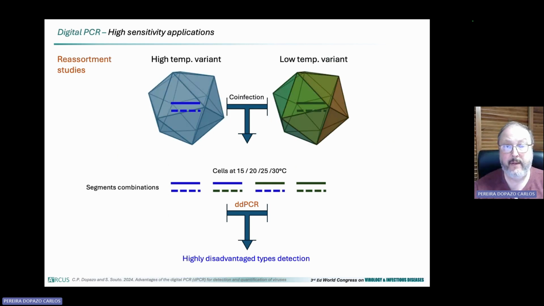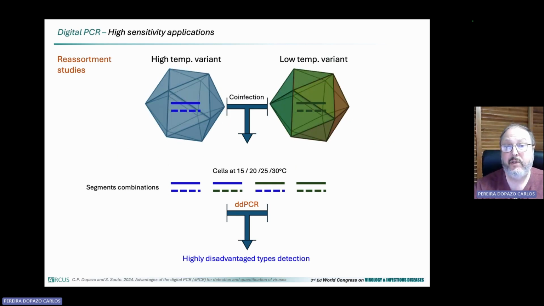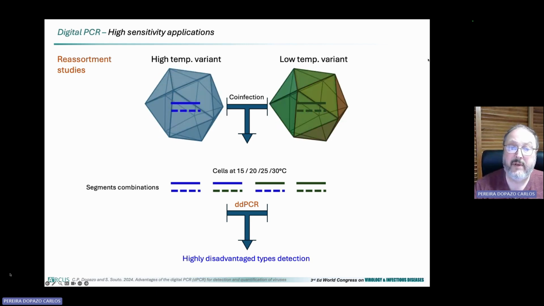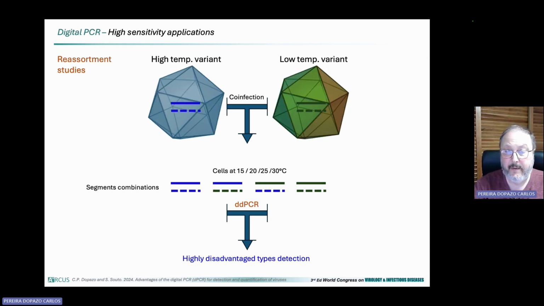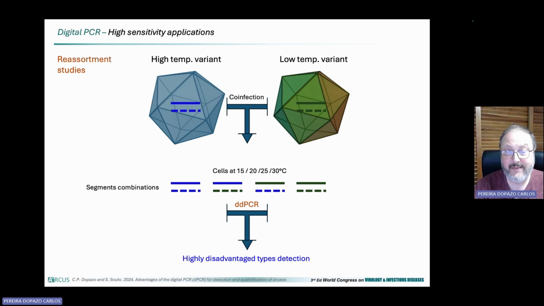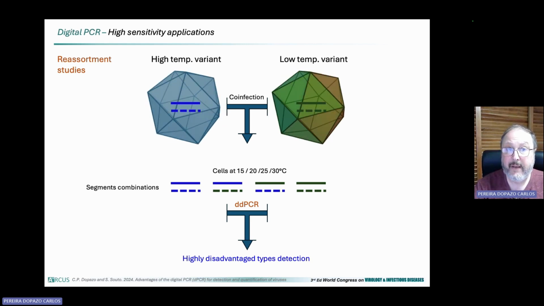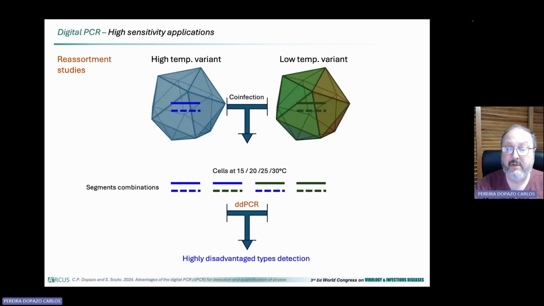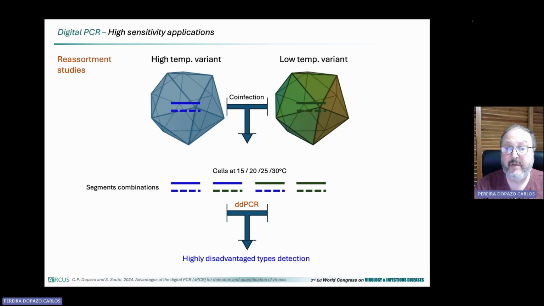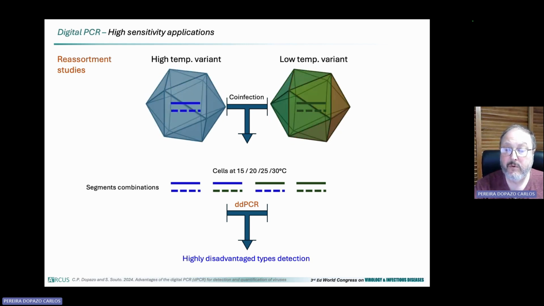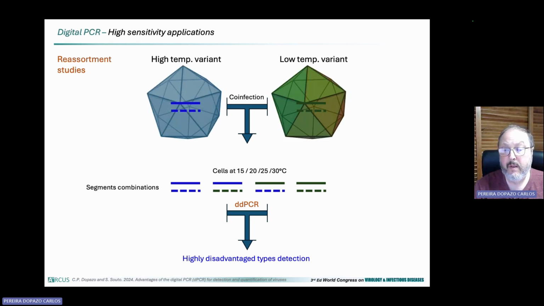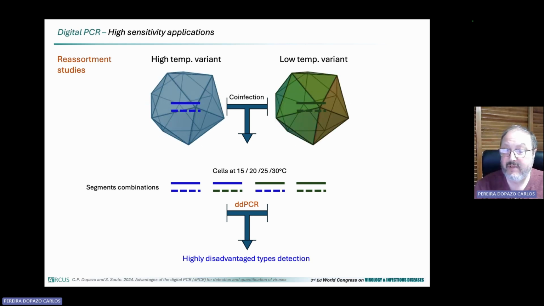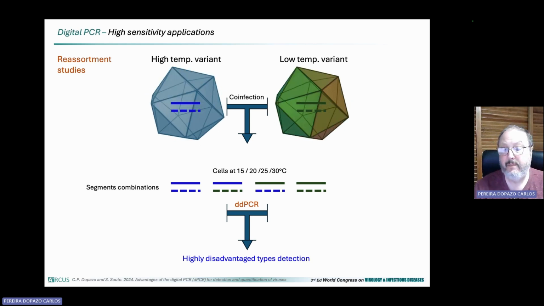We don't use this technology only for diagnosis. We also use it for other kinds of studies, for example, this study where we are testing the capacity of this virus, the same beta nodavirus, to adapt to climate change. This is a bisegmented RNA virus, and we have many variants, but 2 variants which are adapted to high and to low temperature.